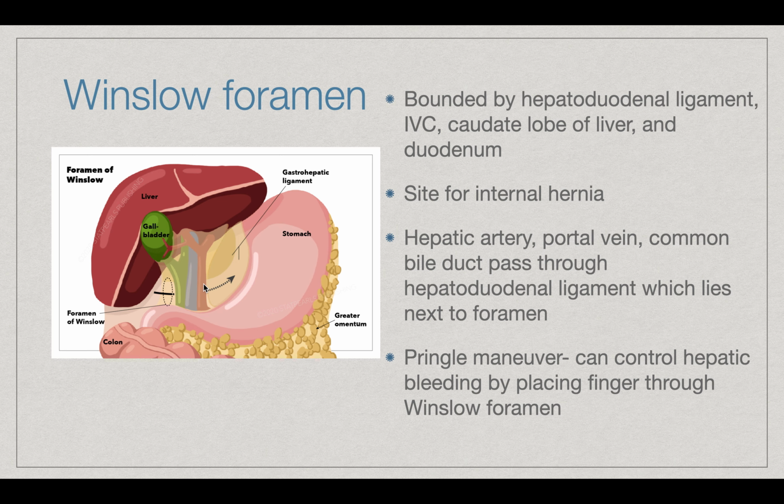So in case you need to do a cholecystectomy, or there's a bile duct obstruction and you need to remove a gallstone that has blocked it, this is a good area to find, because if you stick your finger through the foramen of Winslow, right in front of it is going to be the hepatoduodenal ligament.